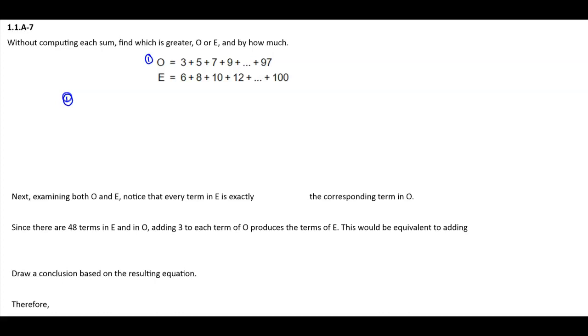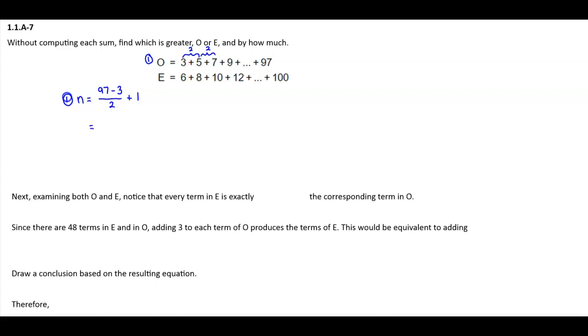Now remember, N is going to equal the last term, which is 97, minus the first term, which is 3, divided by the common difference. Well, the difference between 5 and 3 is 2. The difference between 5 and 7 is 2, and so on. And then we're going to add 1.